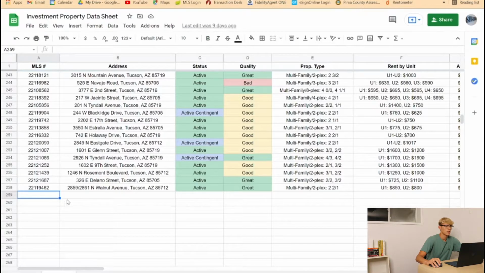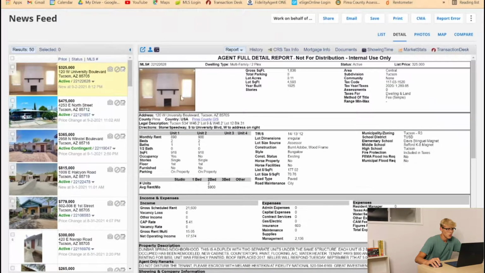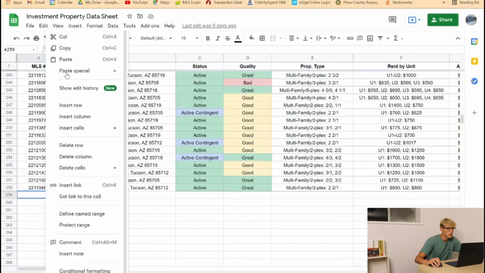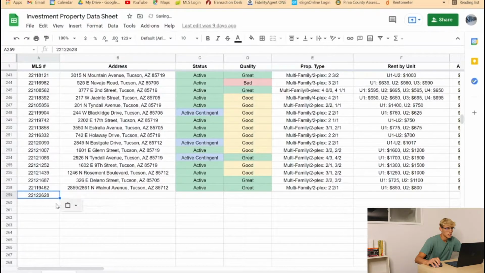I like to start out with the MLS number. So all I'm going to do is come over here and copy my MLS number. This just makes it easier for me to go back and search it up later. For you, if you don't have access to the MLS, you can just use the address.